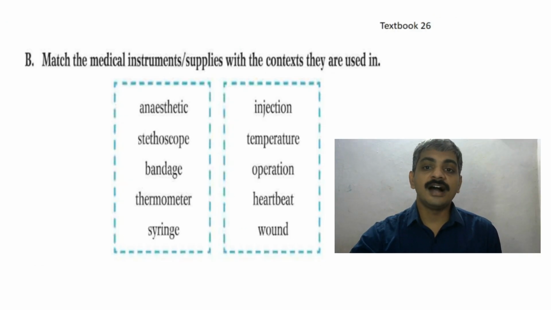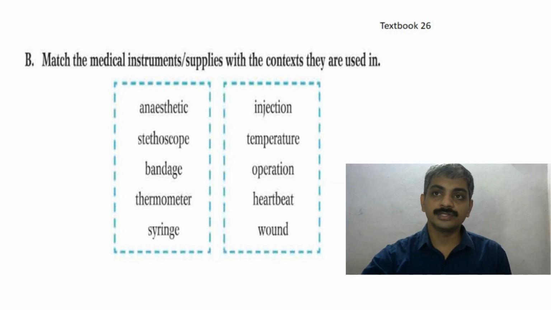Now we have another simple and interesting activity on page number 26 of our textbook. Match the medical instruments and supplies with the context they are used in: anesthetic, stethoscope, bandage, thermometer, syringe, injection, temperature, operation, heartbeat, wound. If any of your parents, relatives or friends are in the medical field, they will help you.